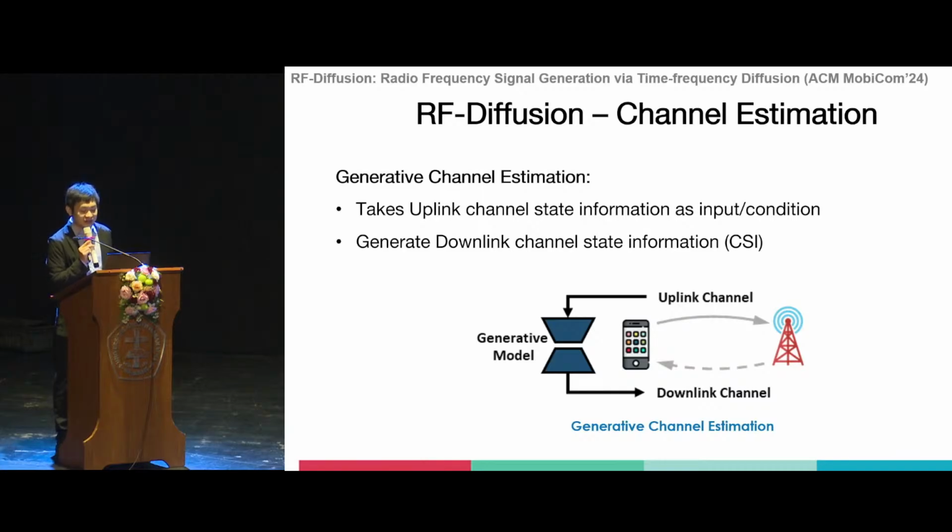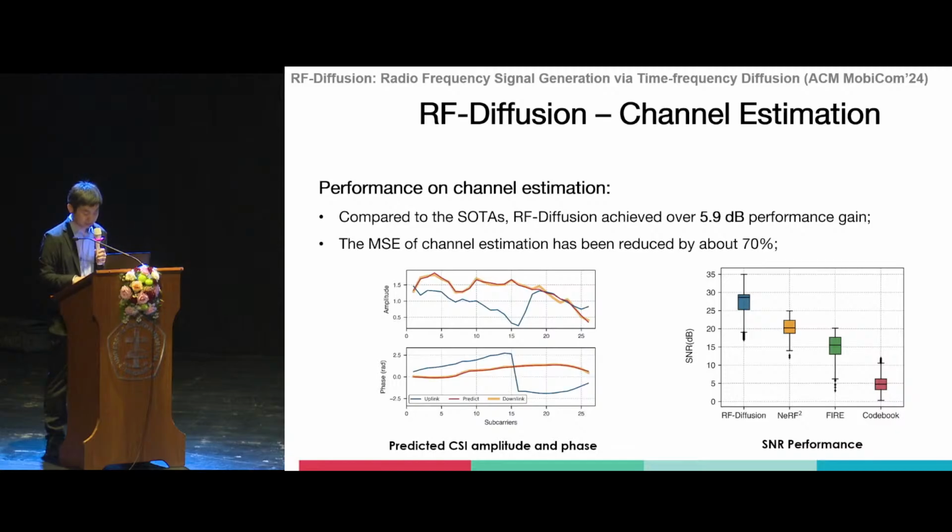We find that if we treat the uplink CSI as a conditional input, generative models including our RF diffusion can generate accurate predictions of downlink CSI. So here are the results. The figure shows the estimation results. The blue line is the input uplink CSI, and the orange line is the ground truth downlink CSI.